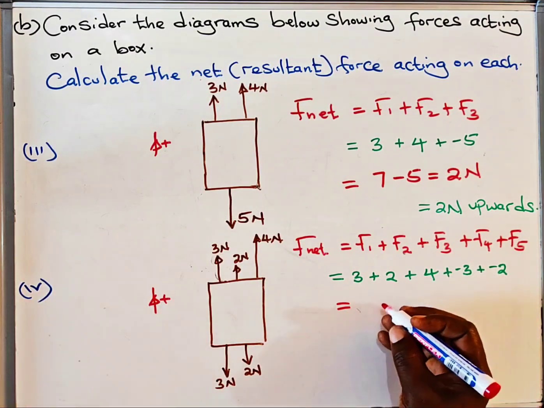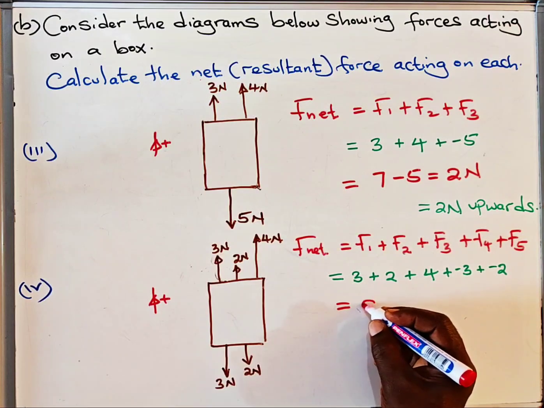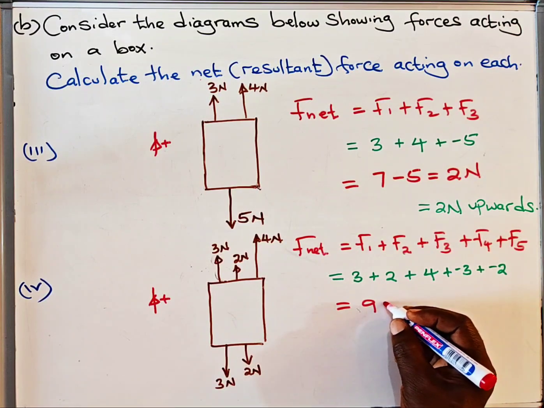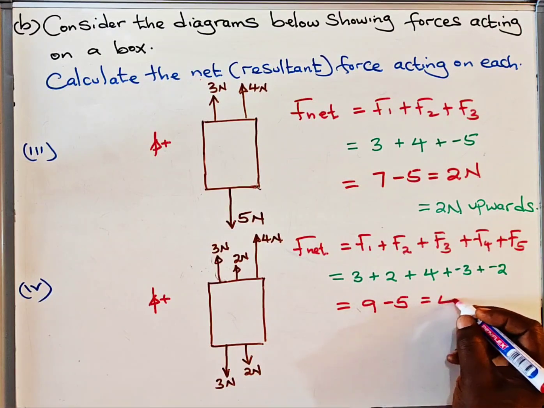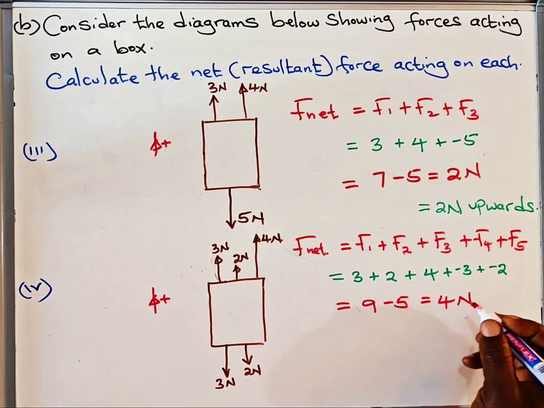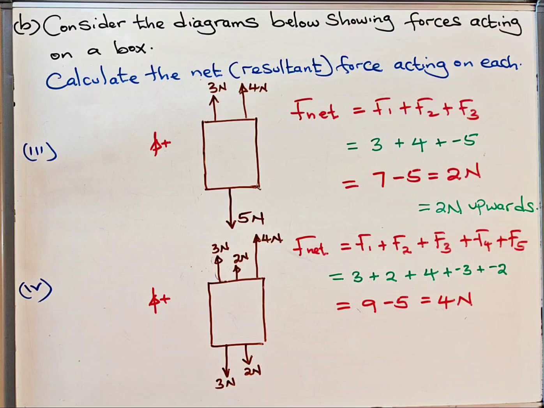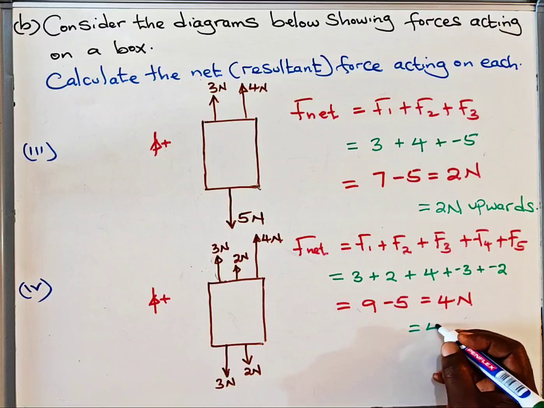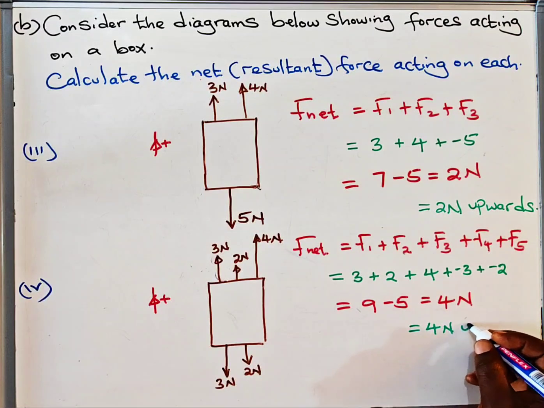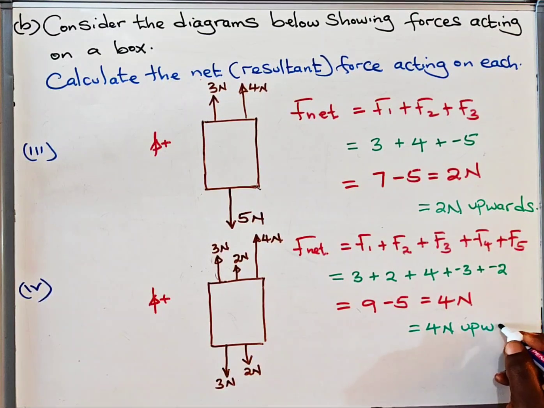On simplifying, we get 9 minus 5, giving you 4 newtons. And it's positive 4. Remember, we took upwards positive, so positive implies upwards. The answer is 4 newtons upwards.